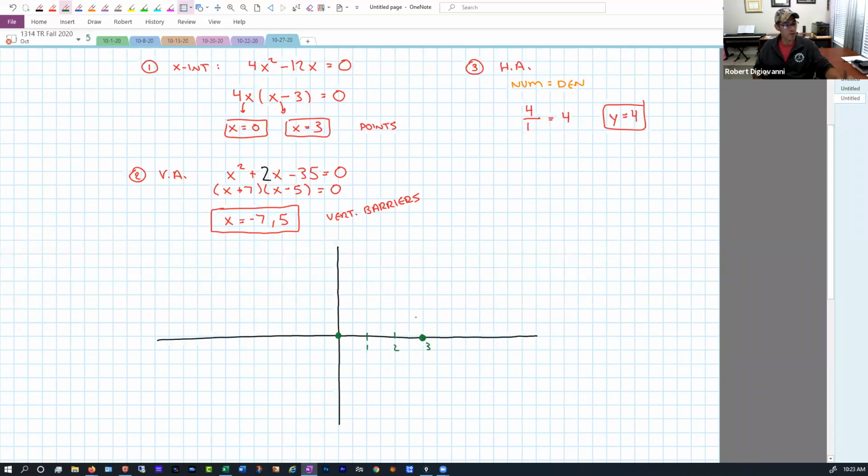I have a vertical barrier at -7. 1, 2, 3, 4, 5, 6. Oops, 7. Here's -7. Vertical barrier out here. And I also have another one at 5. 3, 4, 5. Vertical barrier out here.